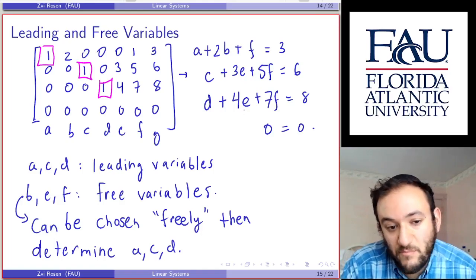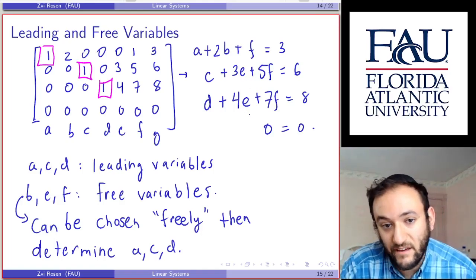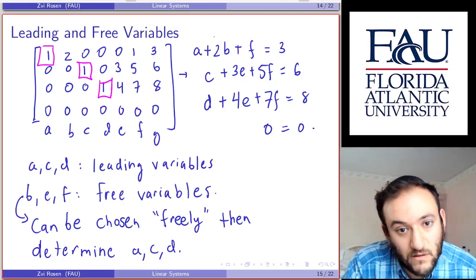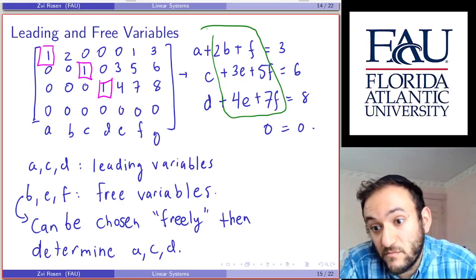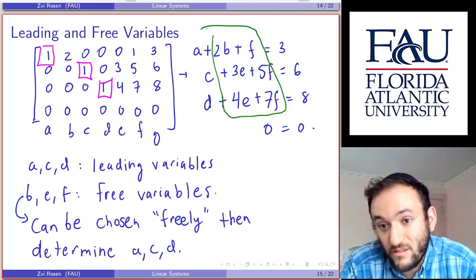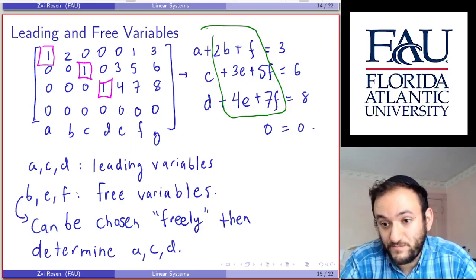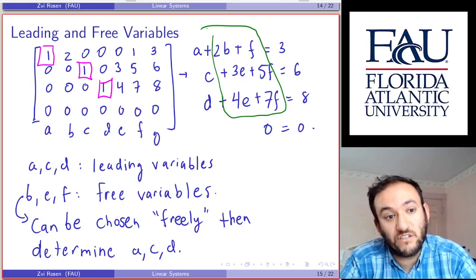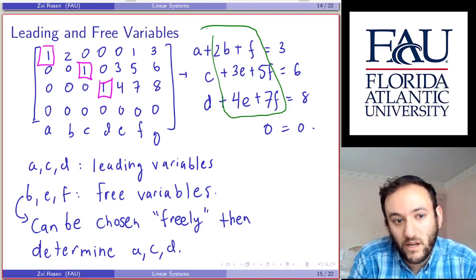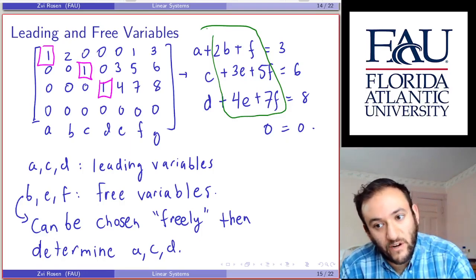Let's say I pick values for B, E, and F. Now all of these terms become constants, and now it's a simple equation that tells you the values of A, C, and D. So that's the function of leading and free variables. That's why we're not always going to get this nice diagonal form 1, 1, 1, because you might have some free variables thrown in there.